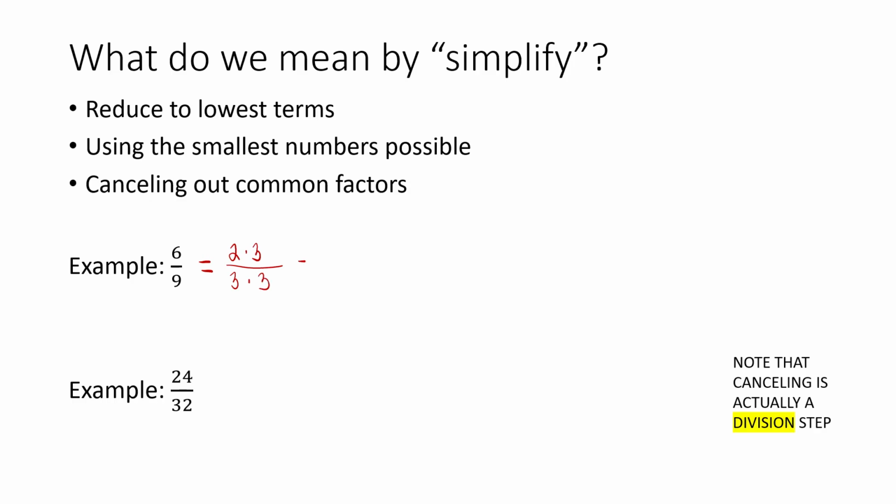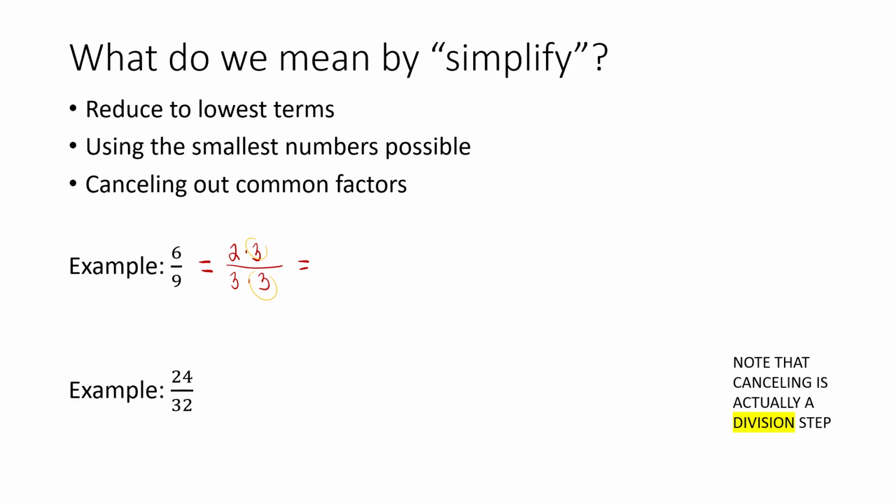All I've done there is taken the numerator and denominator and factored them. And now what we see is that we have a factor in common. We have a 3 in the numerator and another 3 in the denominator. When we say common, what we mean is common to both the numerator and denominator.